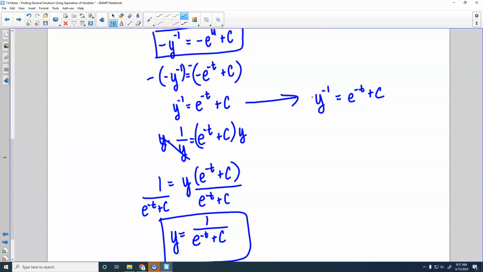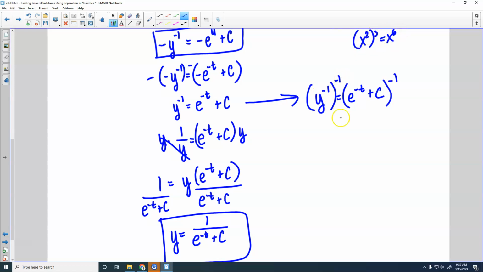One thing that can make you a really good mathematician is knowing multiple ways to solve the same problem. Here's another option. Raise this side to the negative 1 power, right? When we do power to power, what do we do with the exponents? We multiply the exponents. Like if I've got x squared to the third, that's x to the 6th.